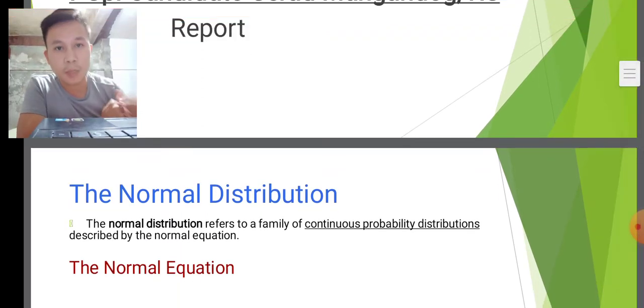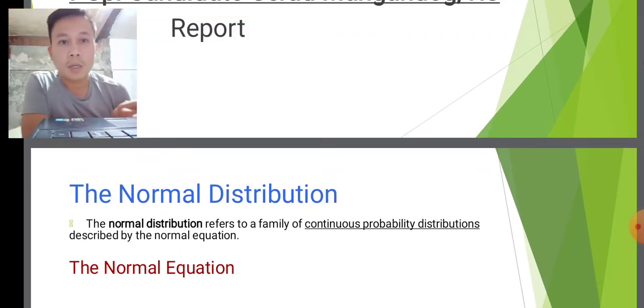Okay, let us proceed. The normal distribution refers to a family of continuous probability distributions described by the normal equation.